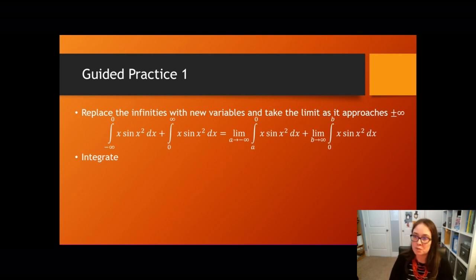That's going to require a u substitution to integrate. I'm going to let u be the x squared that is inside of the sine function, which means that du would be equal to 2x dx. Luckily, I have that x hanging out in front of the sine for each one of these. So I can divide the 2 over and take 1/2 du. I can add that in to replace the x dx.